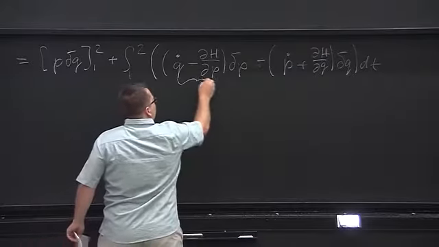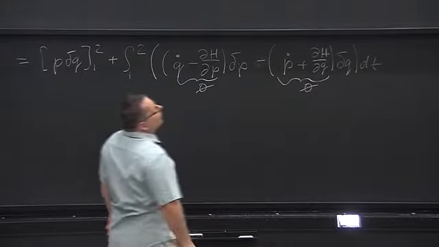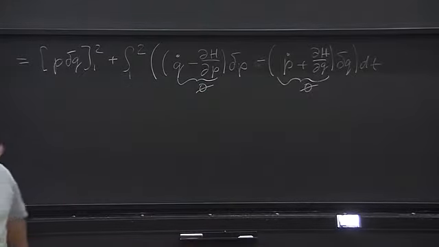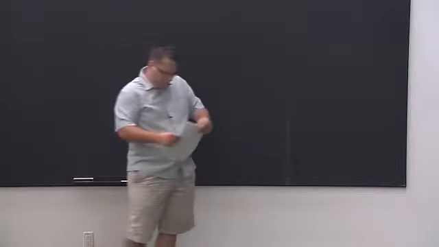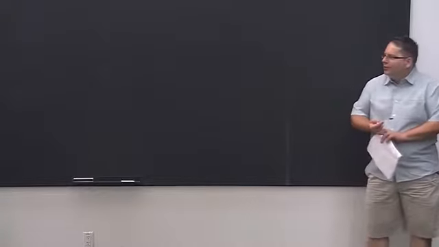And so because these are independent, this guy has to be 0, and that guy has to be 0 independently. And hopefully that has the right signs to get your Hamilton's equations. Questions? Everybody seen this? Hopefully.